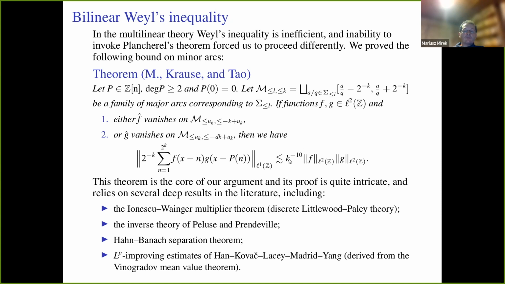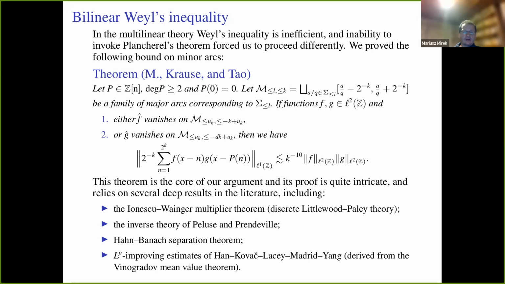We can gain some decay, logarithmic decay in terms of the underlying scale. So this inequality is the core of our argument, and a lot of things can be derived in the proof from this.